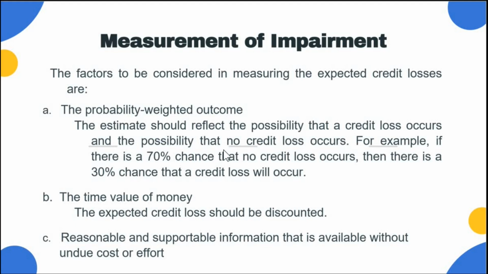For example, if there is a 70% chance that no credit loss occurs, then there is a 30% chance that a credit loss will occur. So in short, it should tally to 100 na yung percentages or yung probabilities. Of course, dapat magtali siya to 100.